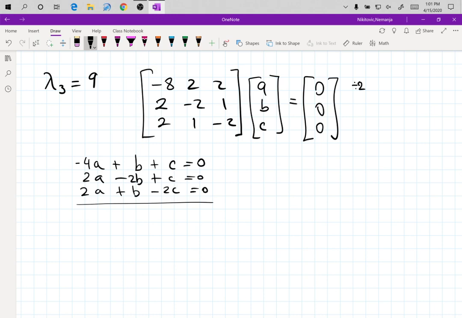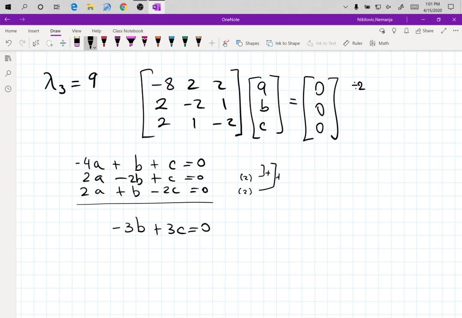You can multiply by 2, kill off a's. So a's are gone. That's -3b and 2c plus 3c equal to 0.